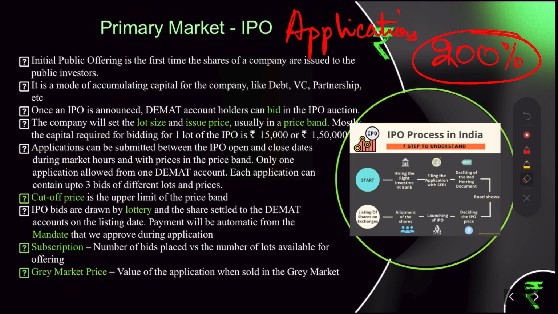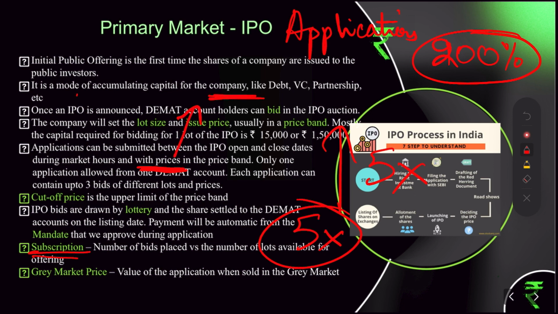And you can assess the demand based on the subscription status. If the subscription is very high, let us say the IPO has been subscribed 5 times, 5x, it means that there is 5 times more demand than what is available. So once the IPO is allotted and it is listed on the stock market, there will be an increase in the stock price and you are bound to make profits.